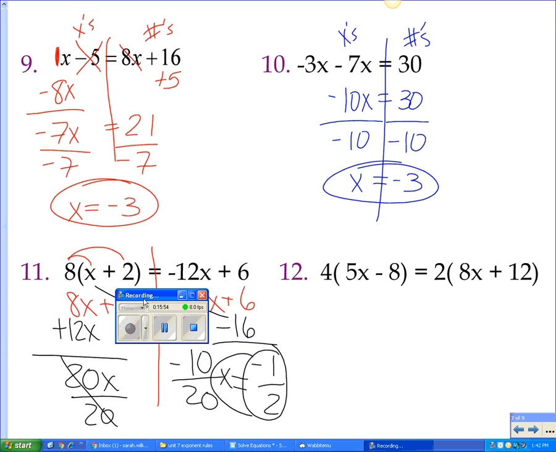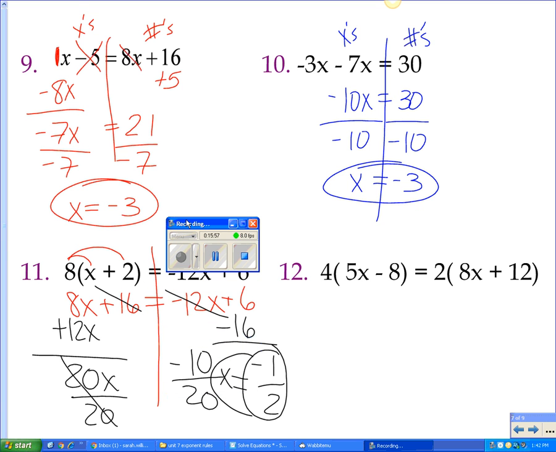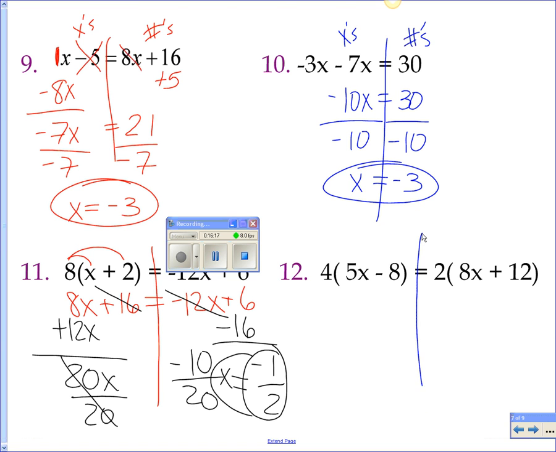All right, and the last one, number 12. 4 parentheses 5x minus 8 equals 2 parentheses 8x plus 12. Okay, I'm going to draw my line. Ashley B, help me with what I would do next. Which gives you x. What else would you do?